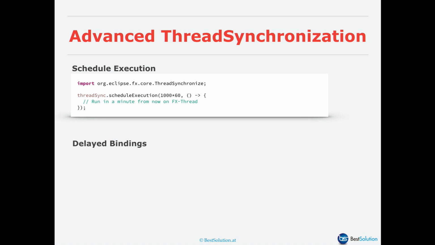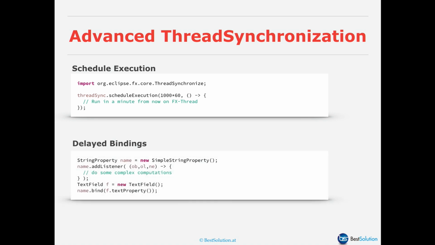Delayed bindings are very important in business UIs. In this sample here, whenever I type in a text field, I get the callback in my listener. It's a change listener. Every single character I'm typing. If I have to do complex computation, it might be that I want to, while the user is typing, let him type, and once he's stopping for a certain amount of time, I want to process the input.